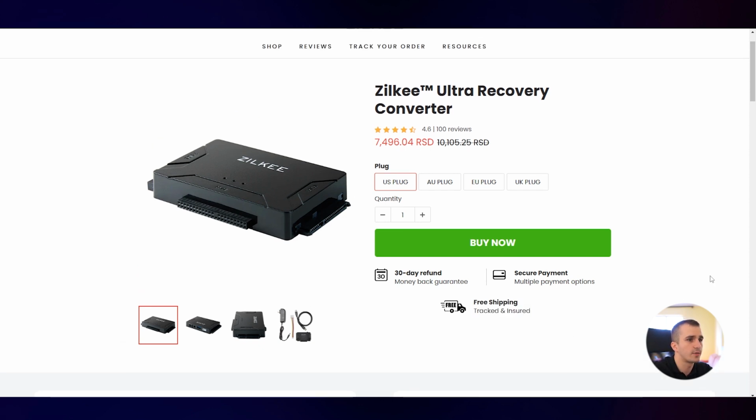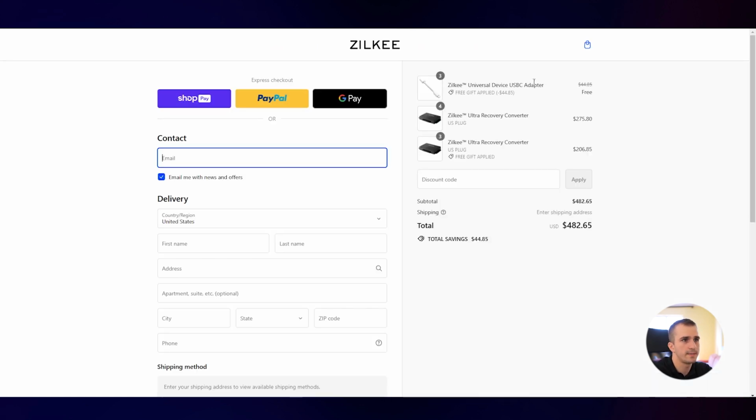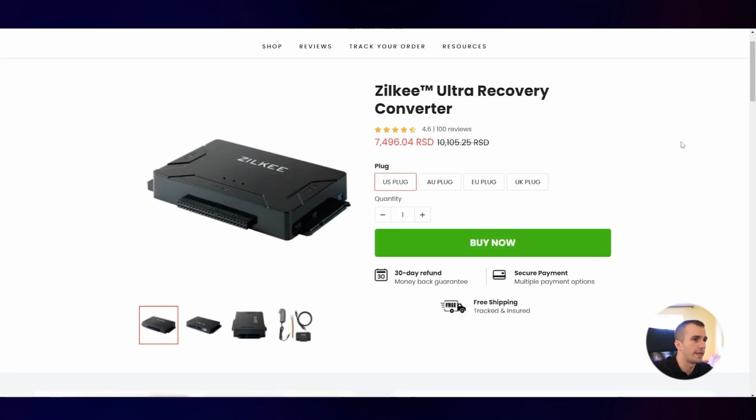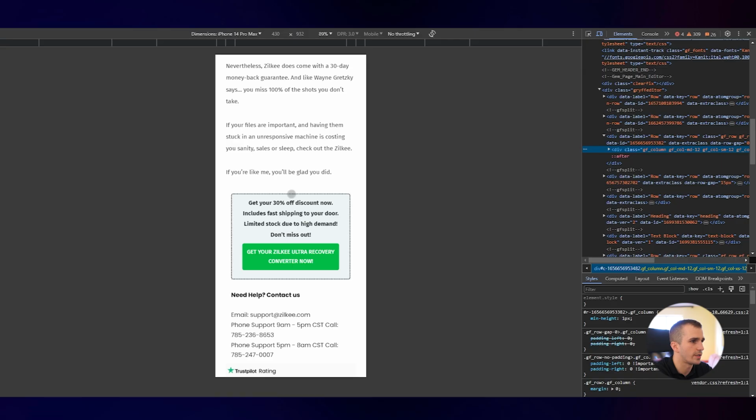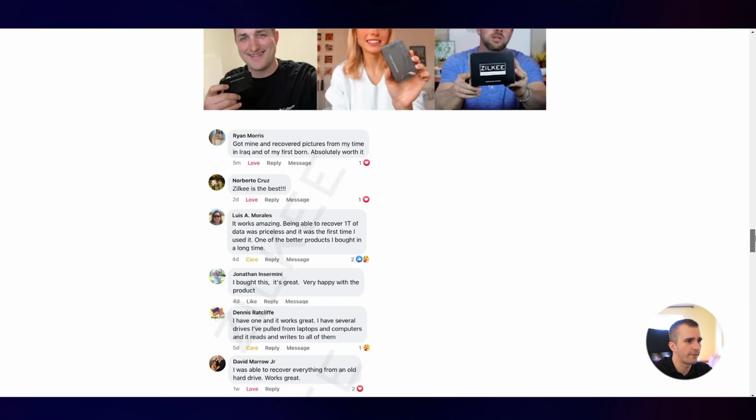I would definitely test having that label that you get the free, what is it called? It's a universal device USB-C adapter. If you're providing a free gift and it's valuable to your customers, I would definitely show that label even before the checkout, because they will know that they will get something for free along with the free shipping. And I think that would help you with increasing your conversion rate. So yeah, those are a few things I would definitely test and see.